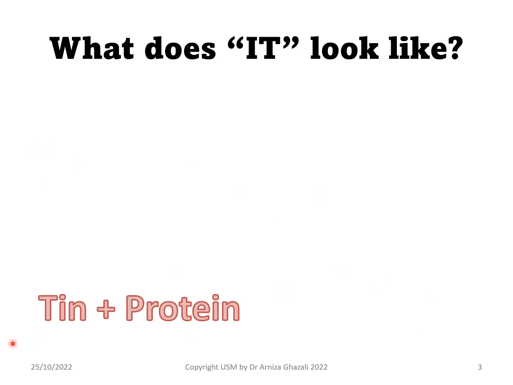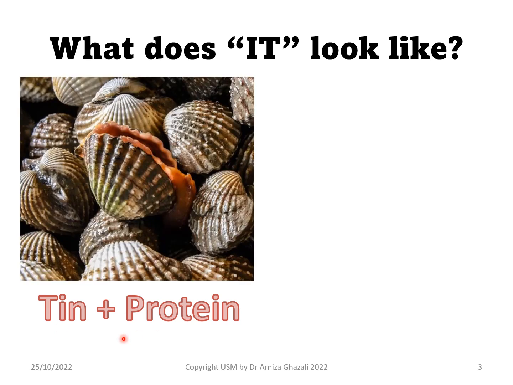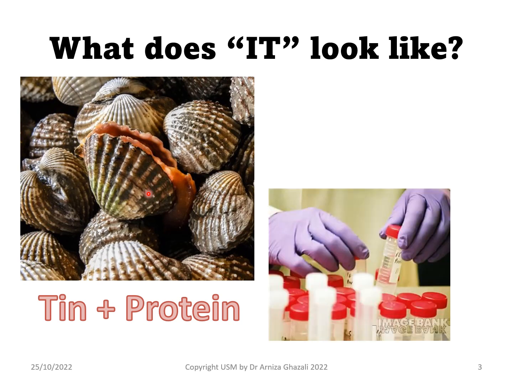Say we have tin, an analyte, in a protein matrix. This should serve as a good example. What does the sample look like? If you want to imagine one biosynthetic sample, you can take cockles as an example.